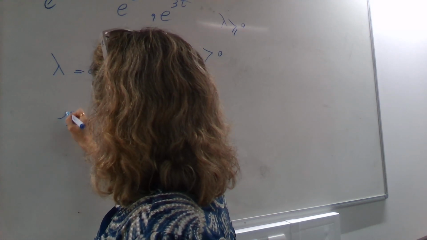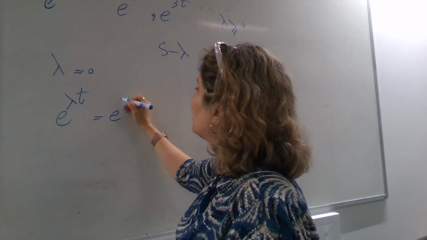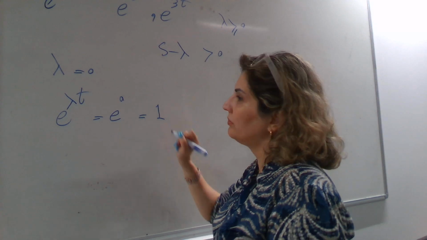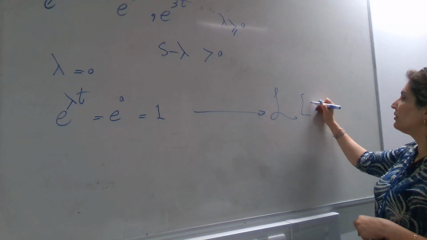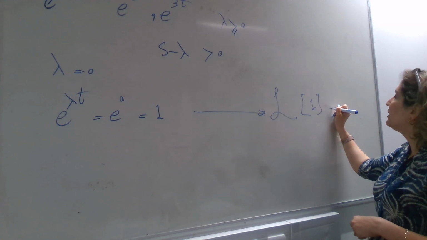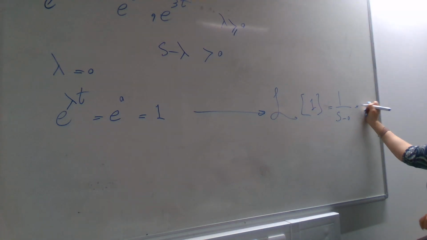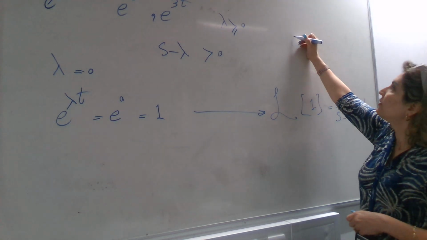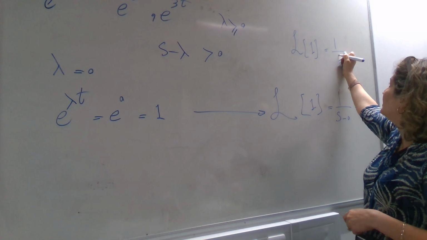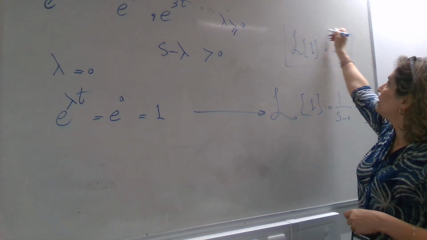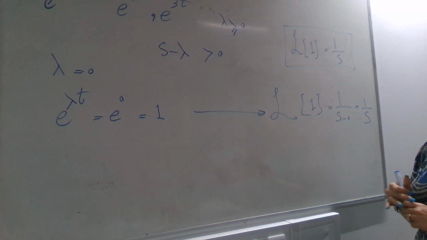My function e to the power of lambda t will be e to the power of 0, or 1. That makes the Laplace interesting because it will be the Laplace of the value 1, and that will be 1 over s minus 0, or 1 over s. So we have another Laplace added to our table, and that is the Laplace of a single constant value of 1, which is 1 divided by s.